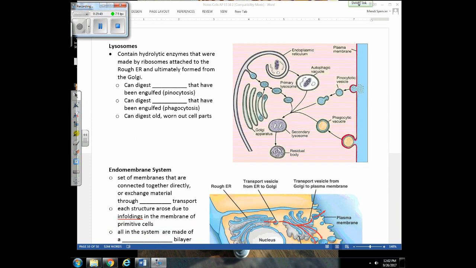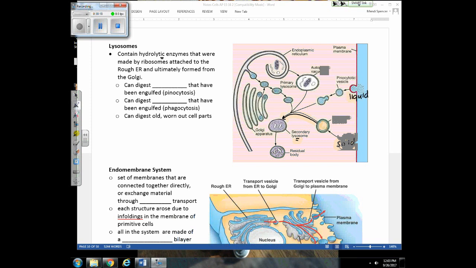Now we've already talked about the lysosomes, and they contain hydrolytic enzymes that can break down molecules. And this is using those terms that I just talked about on the previous page. Here we have a cell, and that cell is taking in a solid, and it's being wrapped in a vacuole. And we can see that ultimately it's being sent here to a lysosome, where the lysosome can break down that molecule. We also see that the cell is taking in molecules that are dissolved.